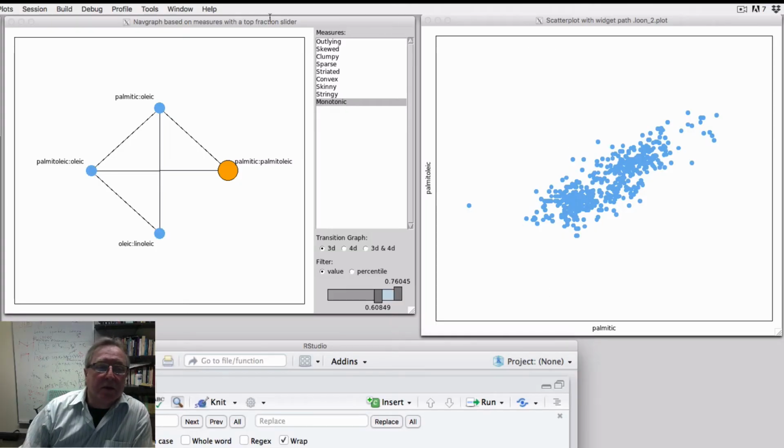When you execute that code, you're going to get this navigation graph and this scatter plot. There are the inspectors from before, and you notice that this navigation graph is now not all 8 choose 2 pairs of variates, but only 4. It's looking at a particular measure here, monotonicity, and this is a 3D transition graph. The values of the scagnostic for monotonicity are between 0.6 and 0.76.